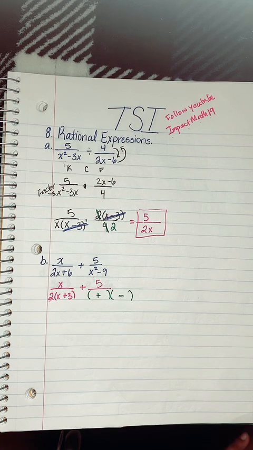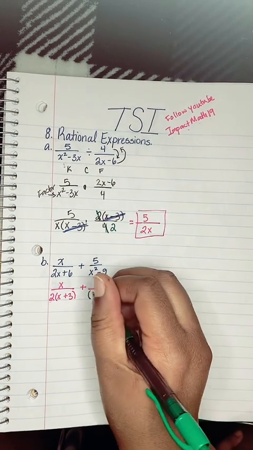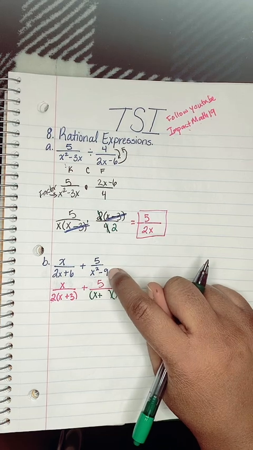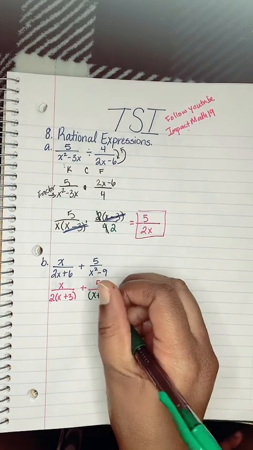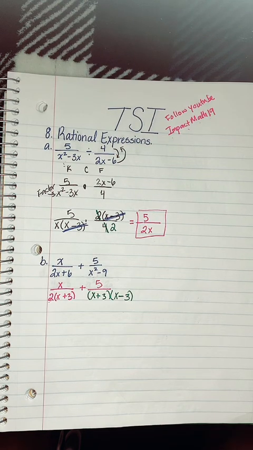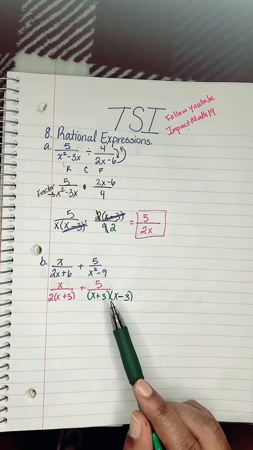Good, Mel. So then we say, what times what gets us x squared? Well, x times x does. And then what times itself gets you 9? 3 times 3. Okay.